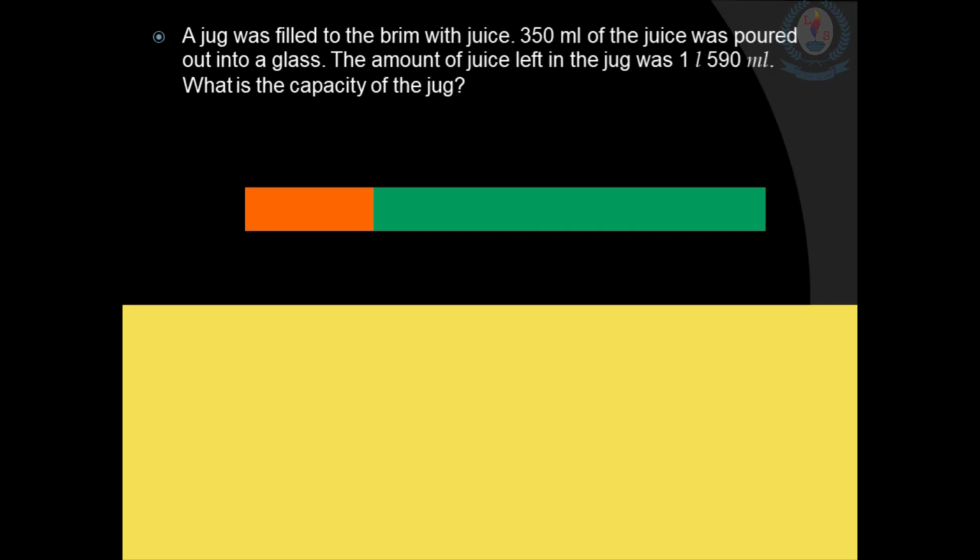Now look at this question. A jug was filled to the brim with juice. 350 milliliters of the juice was poured out into a glass.